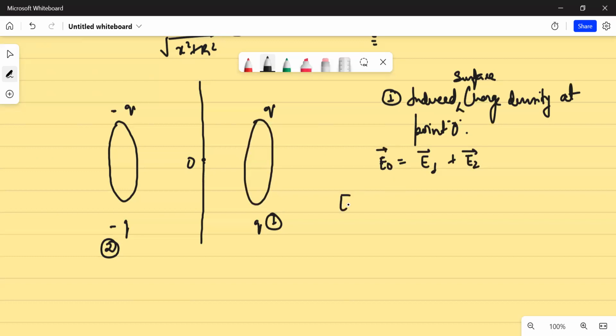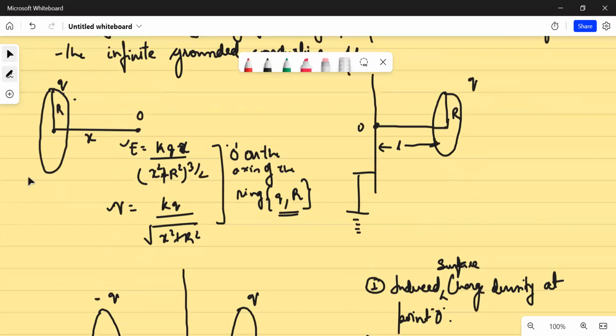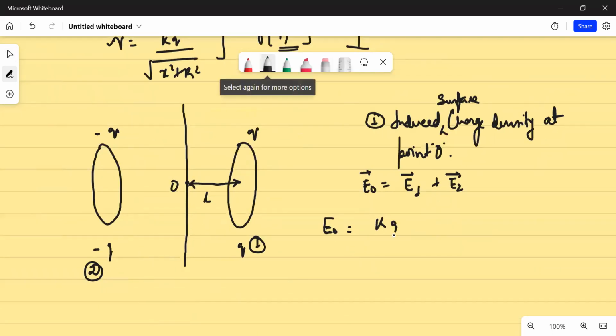It will be equal to kq, and let's say this distance is L. So let us say this is at a distance L. We want to find the induced surface charge density at point O. So this will be equal to kqL upon (L square plus R square) raised to power 3 by 2 plus.